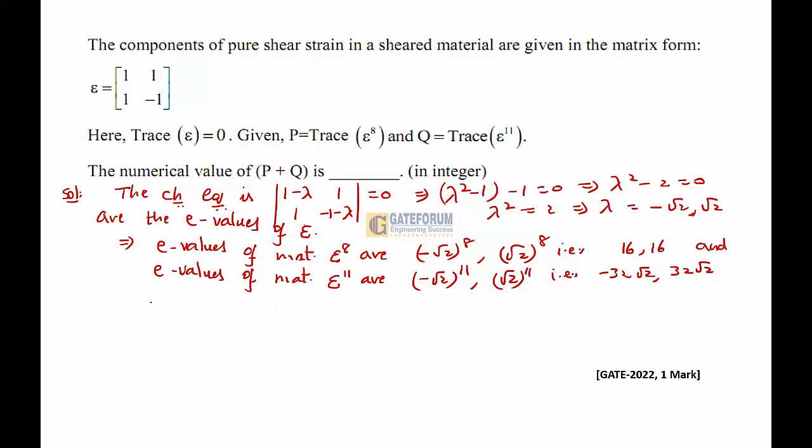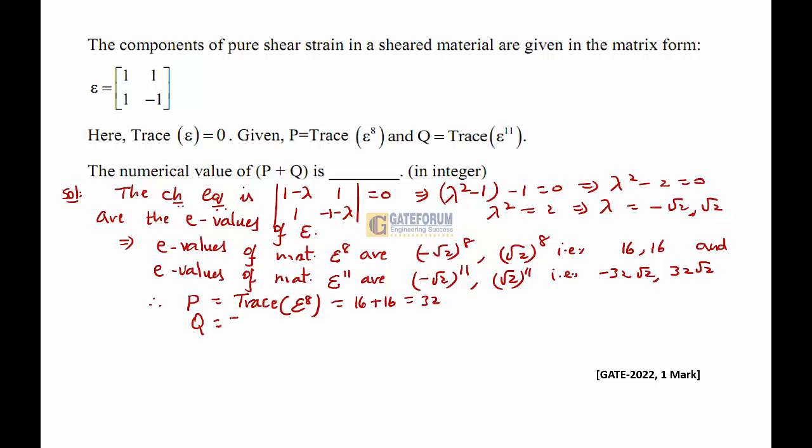So therefore P is equal to trace of epsilon power 8. Trace of a matrix is the sum of the eigenvalues of the matrix. So 16 plus 16, 32.